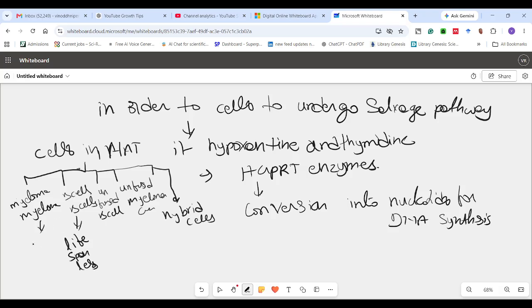Myeloma cells lack HGPRT, so they will die. Unfused B cells have a short lifespan, and unfused myeloma cells have no HGPRT, so they will die. So only the fused cells will survive.